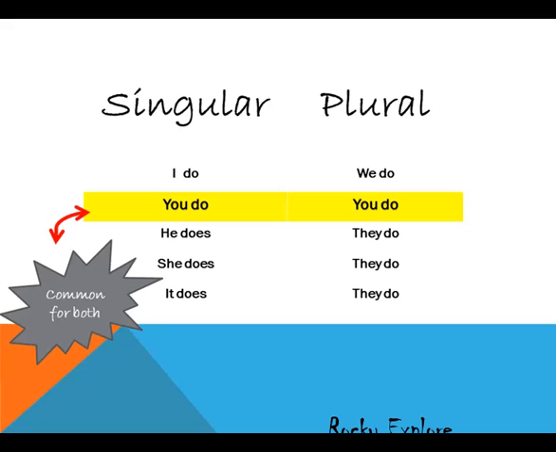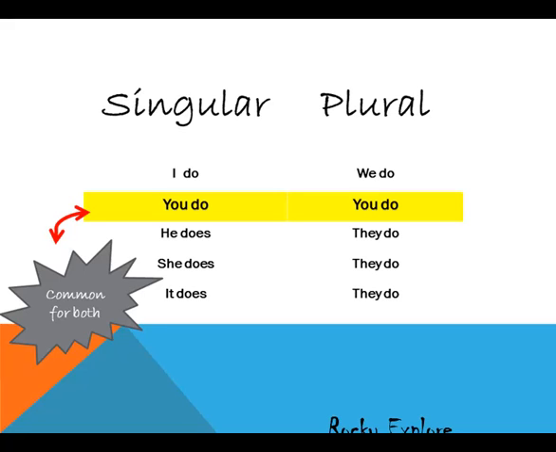Okay, I is already singular, but when you are talking about you, it is both singular and plural. I have discussed this in the previous lesson also. If you have followed that course, it will be really helpful for you to understand the facts here. If you haven't followed it yet, please do follow, and then you can get a great idea and get into the flow. So when it goes to the plural form, we, you, they, the verb used is do.